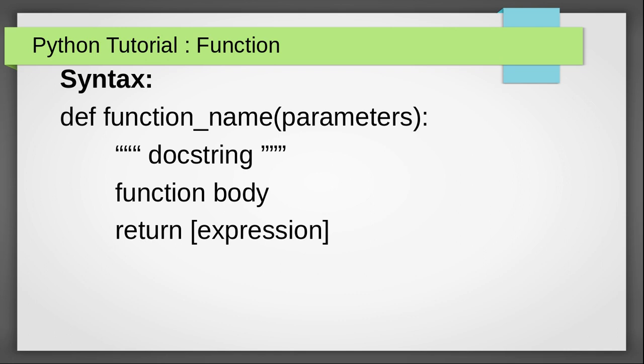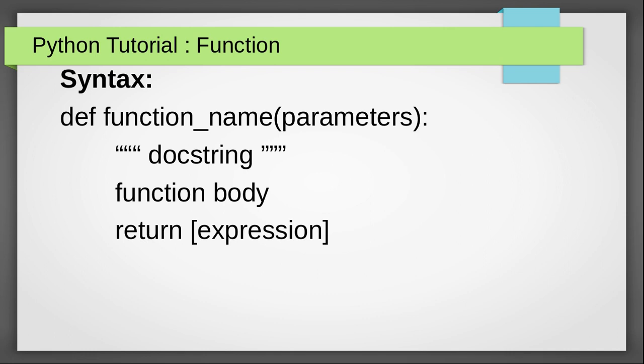And the second part is the body of the function. The first line is the docstring, the documentation string. This documentation string is optional, and it is used to describe what the function does, that is, the purpose of the function.